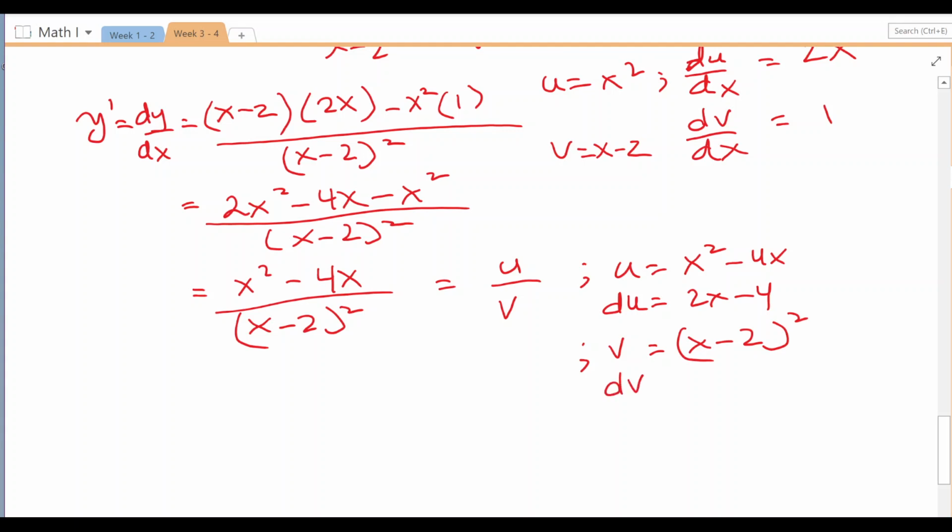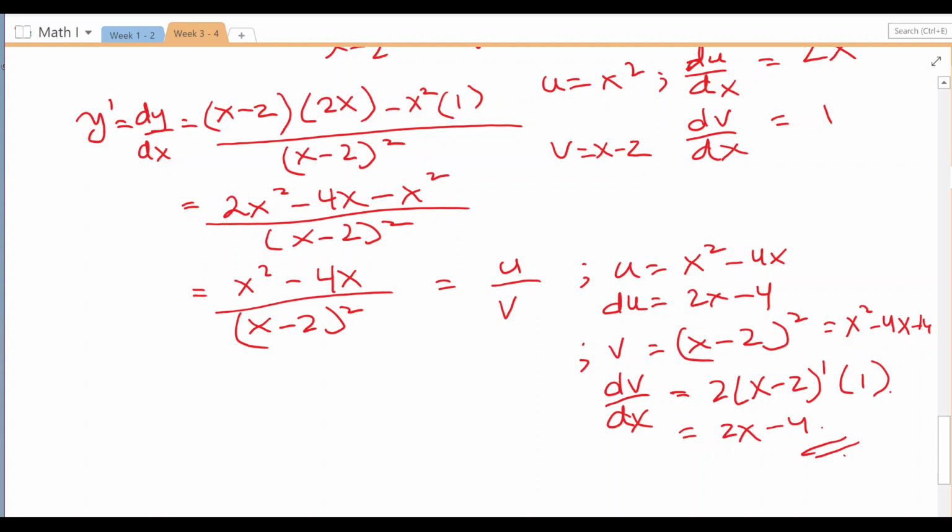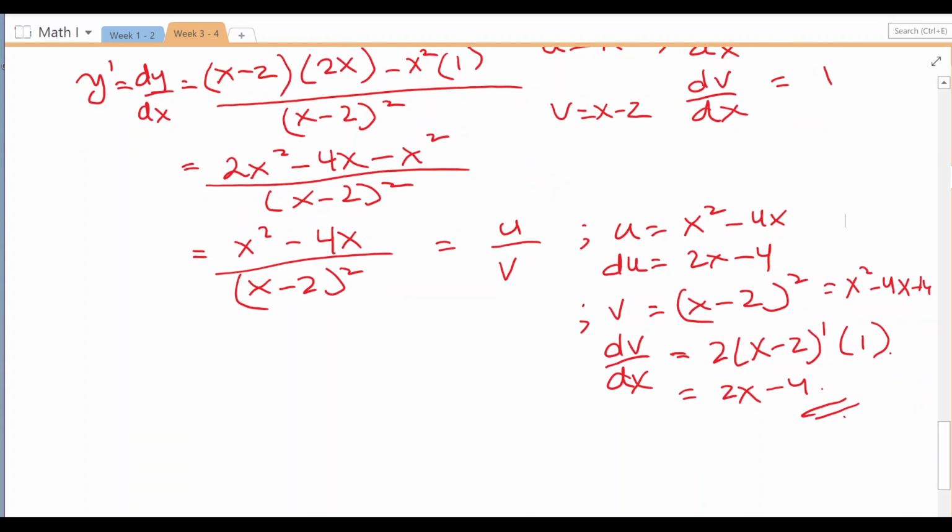Therefore dv over dx equals 2 times x minus 2 raised to the power of 1 times 1, or if you like, x squared minus 4x plus 4, and the derivative equals 2x minus 4. Same thing, 2x minus 4 as dv dx.